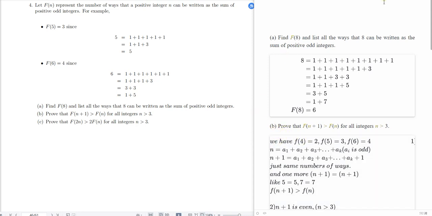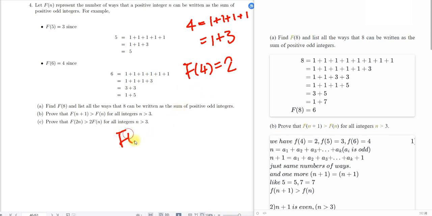Let's try f(4). 4 equals 1 plus 1 plus 1 plus 1 and equals 1 plus 3. So f(4) is 2. So now f(4) is less than f(5), less than f(6) so far.